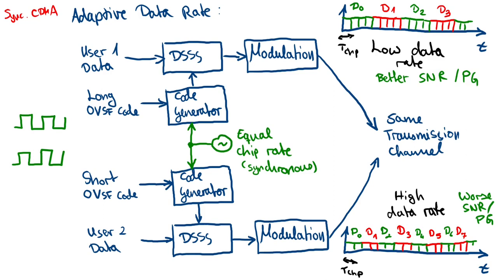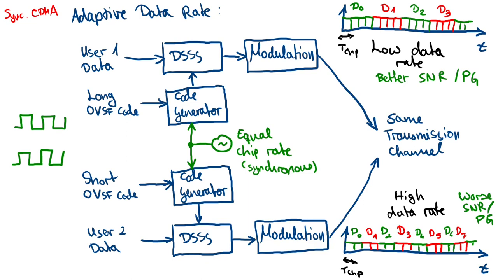So the change of data rate is a consequence of the fixed chip rate. So the chipping rate is kept constant, and now you can select codes of different length, and what is adapted is the data rate in the system. And now you have, in this example, 2 users. One user uses a long code and the other user uses a short code, and so their data rate is different.